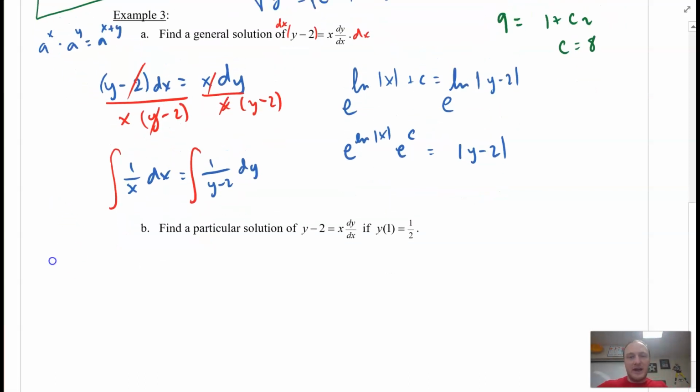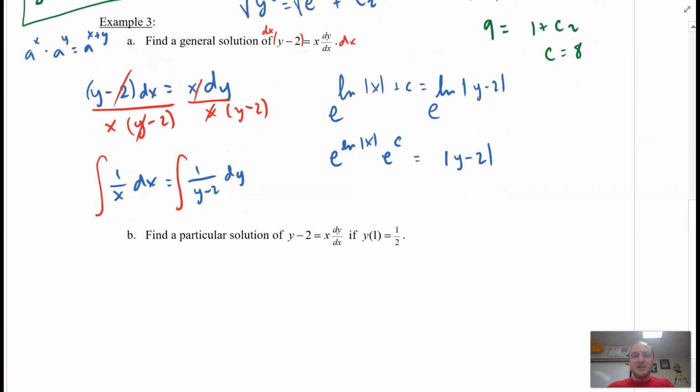So I separated these. And e to the power of c, that's just a constant. So I have c times e to the power of natural log of absolute value of x. Well, e and natural log are inverses, so we have the absolute value of x, which is equal to absolute value of y minus 2.